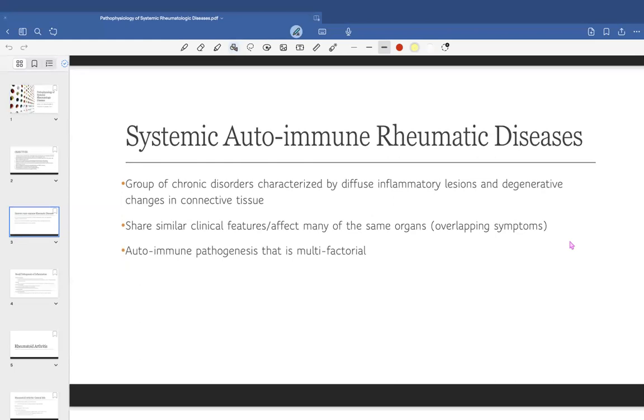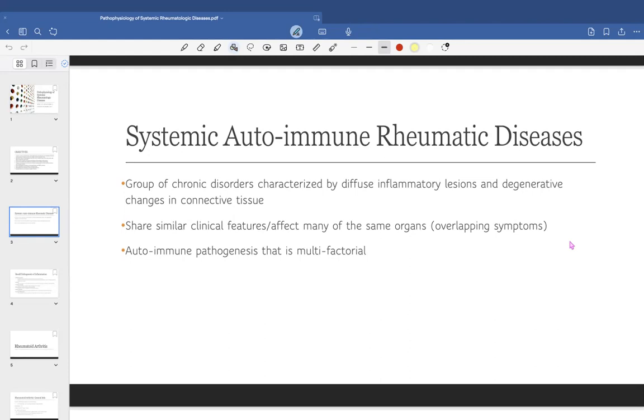Wherever there's connective tissue, these diseases can cause signs and symptoms. Sometimes the presentation, from a clinical perspective, can be confusing, because there's a lot of overlap. There's a lot of overlap if you haven't noticed.